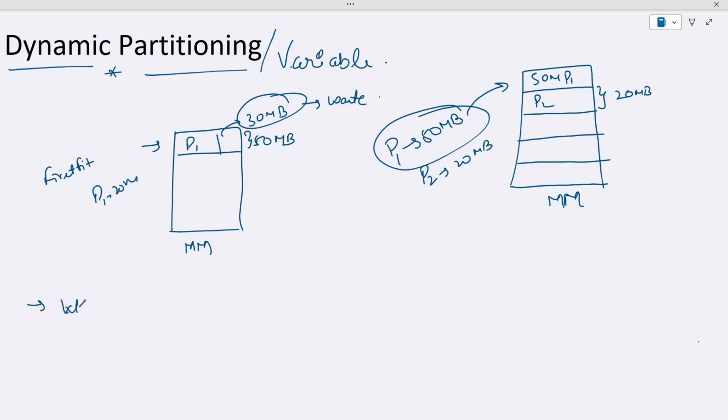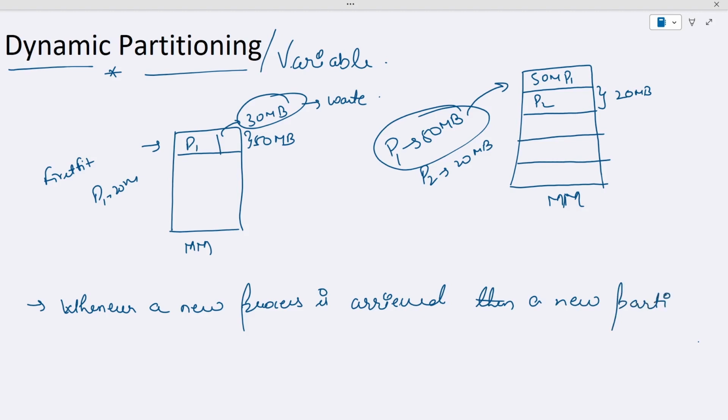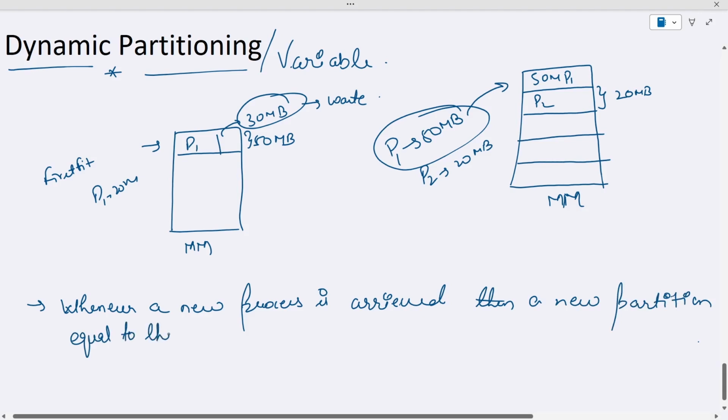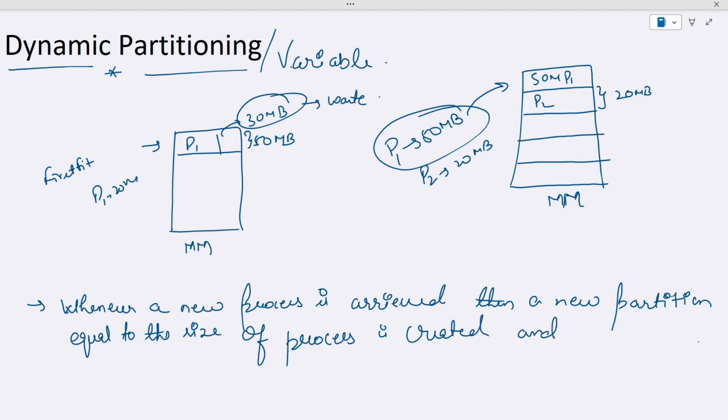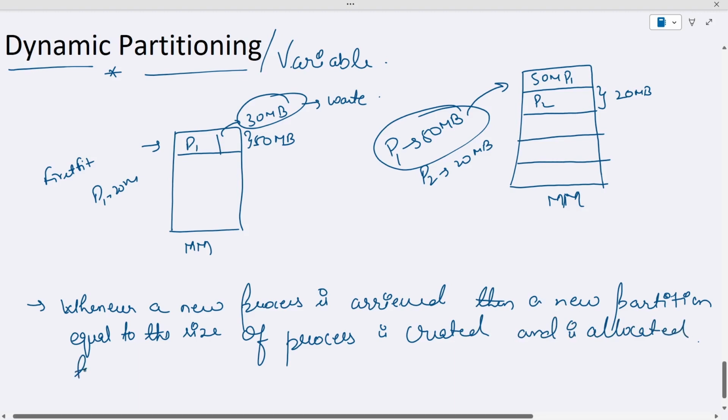So you can write it like this: whenever a new process arrives, then a new partition equal to the size of the process is created and is allocated to the process.